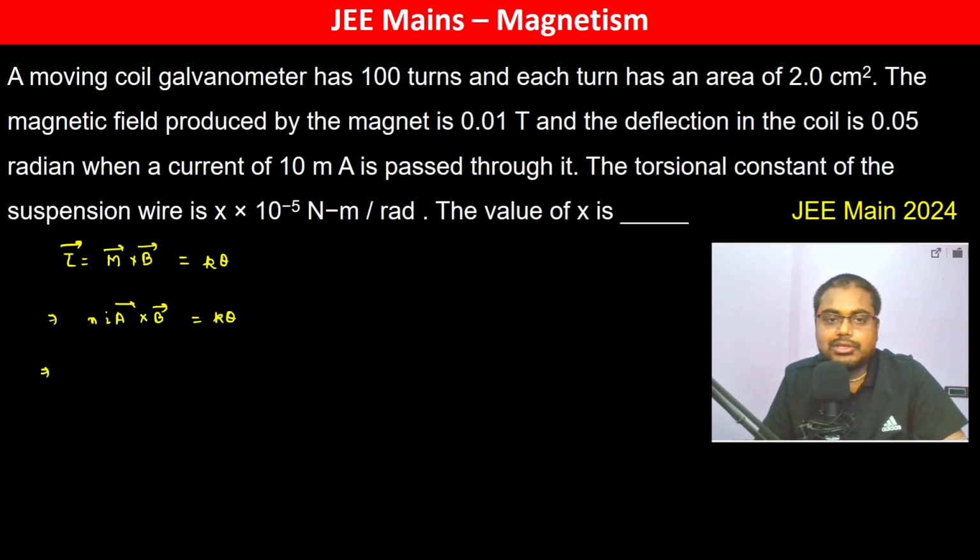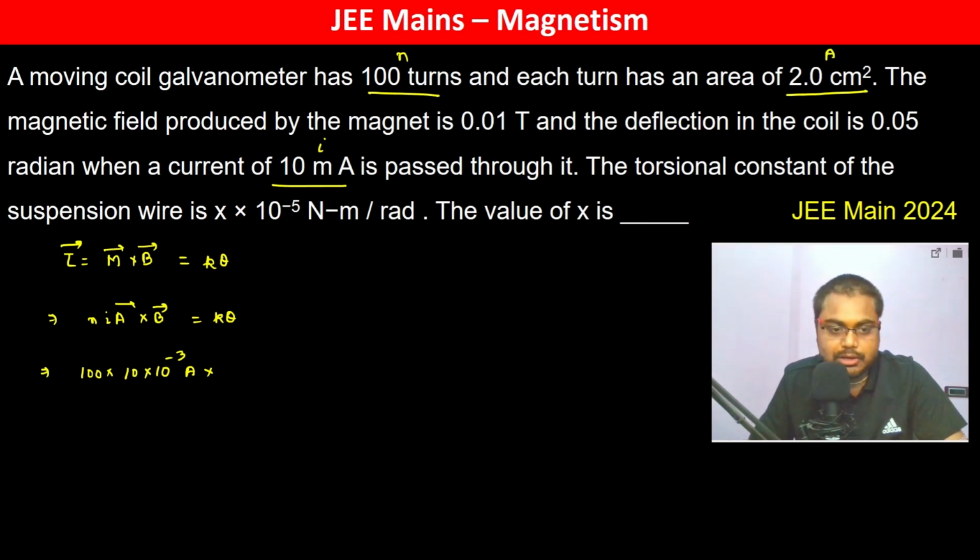Now we'll just put in the values. N is 100, and this is I, 10 milliamperes. So 10 into 10 to the power minus 3 amperes into A, the area, which is 2 centimeters square.